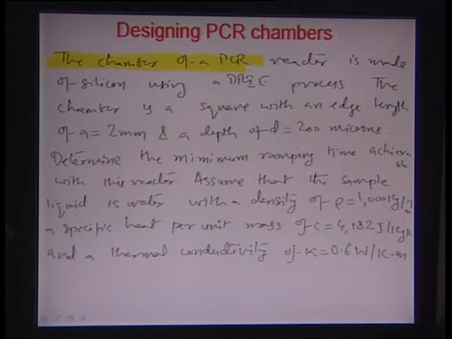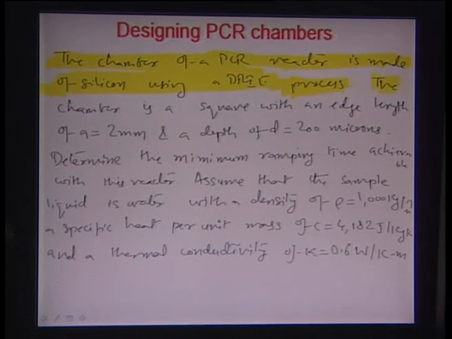Now, let us try to illustrate that a little more with an example. In this particular case, as you are seeing here, there is a chamber of a PCR reactor which is made in silicon using a deep reactive ion etching process. So, this chamber is essentially a high aspect ratio chamber etched away using a gas plasma, the deep reactive ion etching.